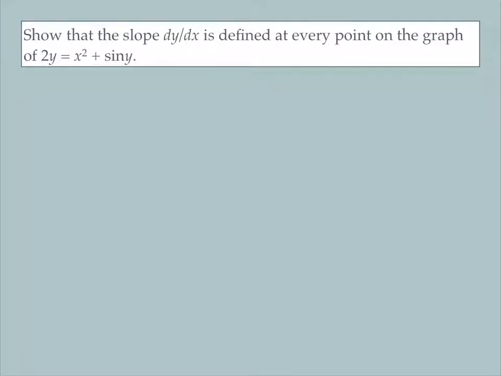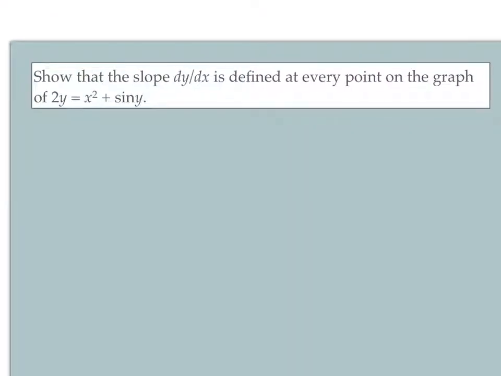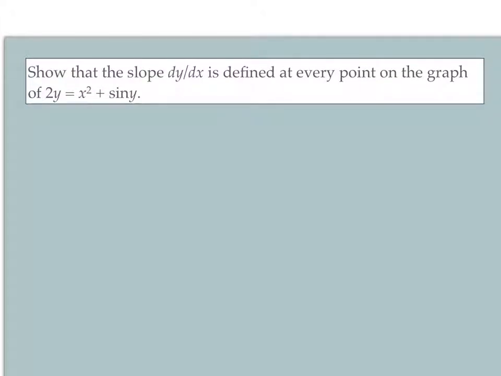Okay, so if we look at this one, it has a sine in it, so I would expect some amount of panic. So what will be the derivative in terms of x of 2y? 2y prime.